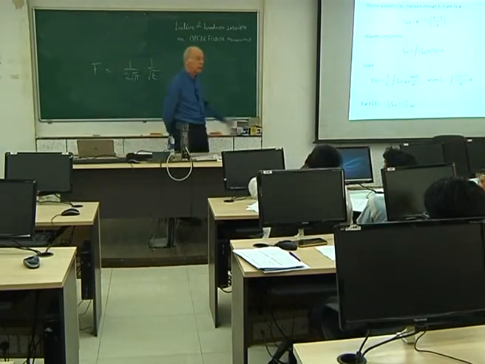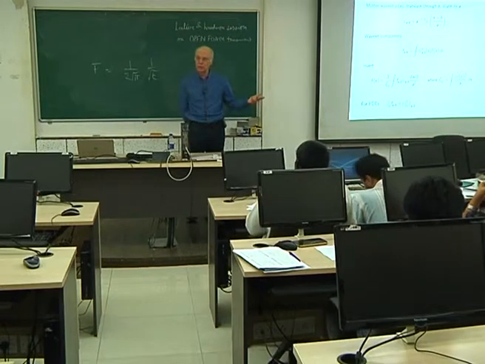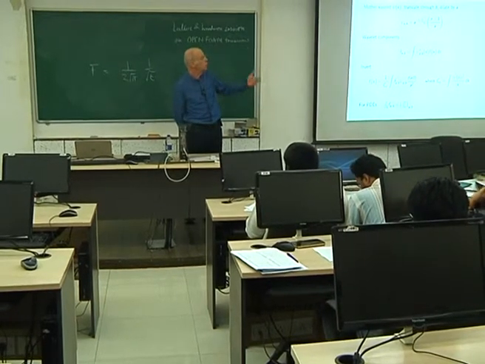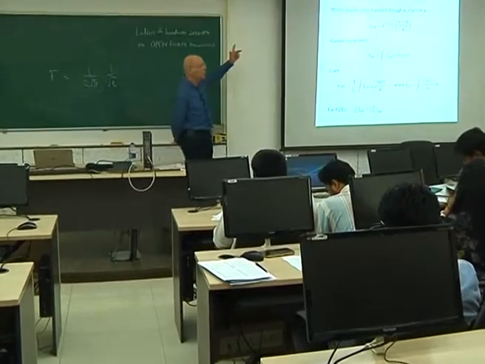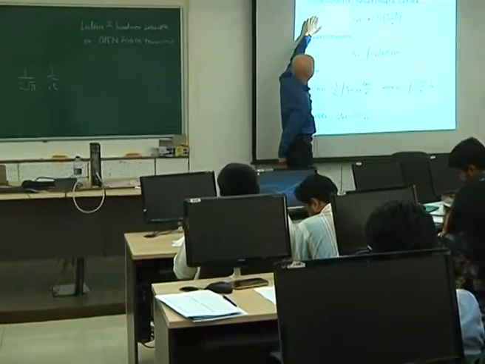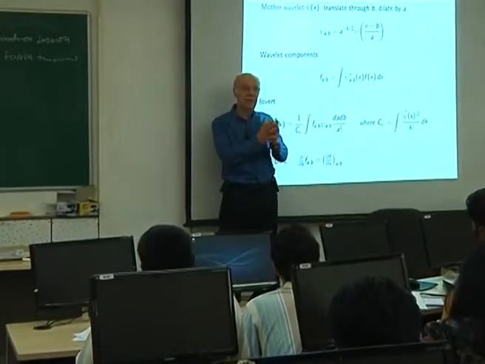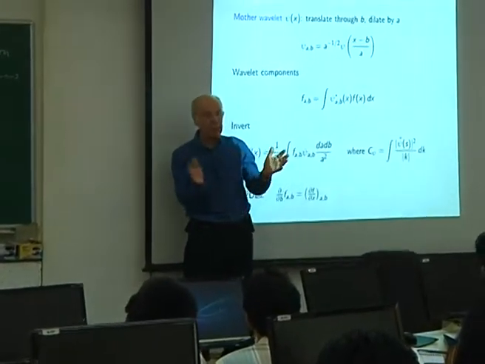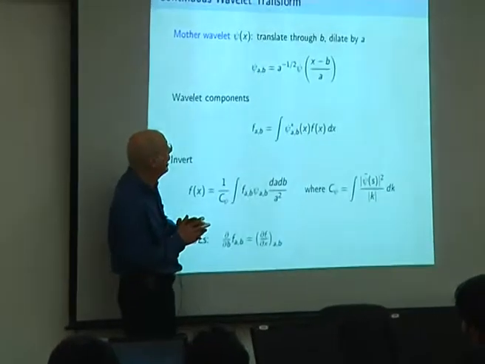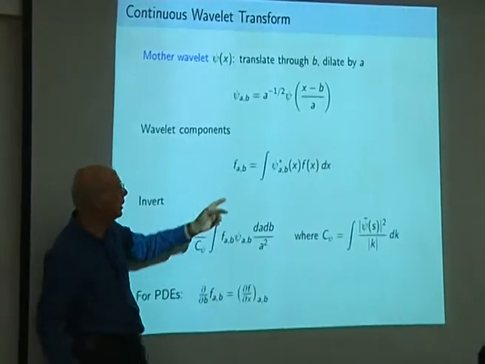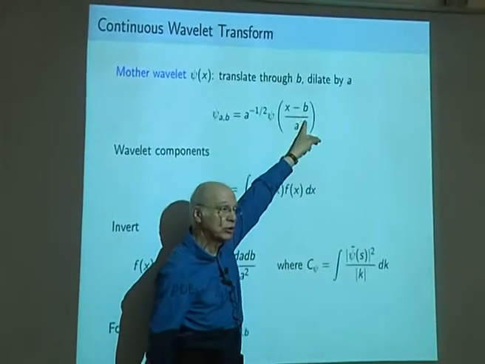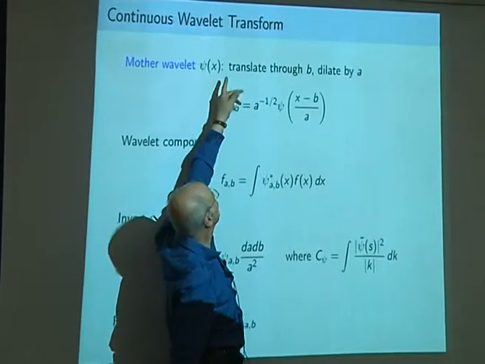Now, like the continuous Fourier transform, there is a continuous wavelet transform. So we first have to get some wavelets. There is a universal function that defines the family of wavelets. And you generate the whole family by having translations of this function, called the mother wavelet.